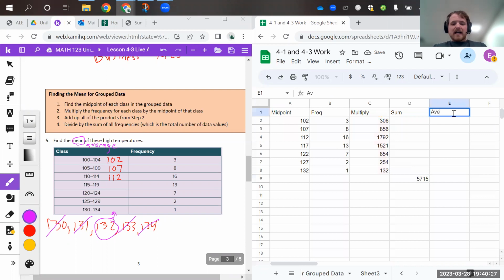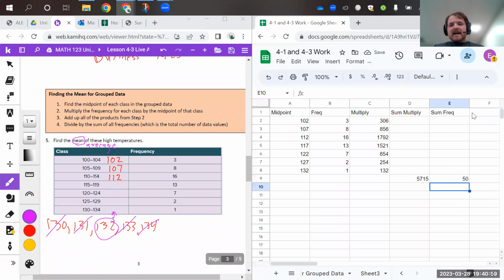Then for the actual average, I would divide by however many there were, so I should sum the frequency as well. We sum that multiply, and we sum that frequency. Again, this could have all been done in a calculator, but hopefully you're getting some practice.